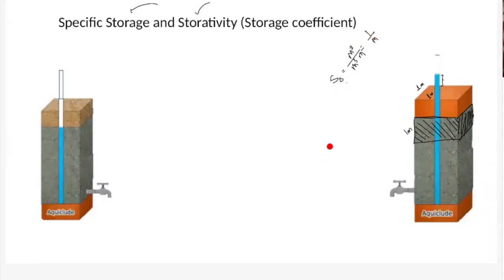Now if I talk about storage coefficient, I am not talking about the whole aquifer. I am talking about whole aquifer below this unit area.